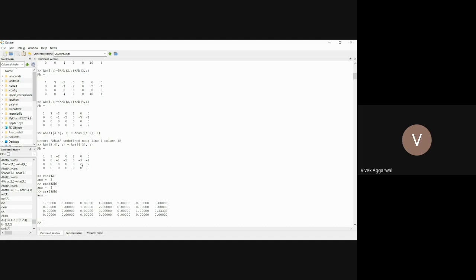Then instead of 6, I divide by 6 and make it 1, and this value is 1 by 3. So this is a row reduced echelon form. You know that the row reduced echelon form is unique for every matrix, but the echelon form can have many forms. This is the way we can find the row reduced echelon form.